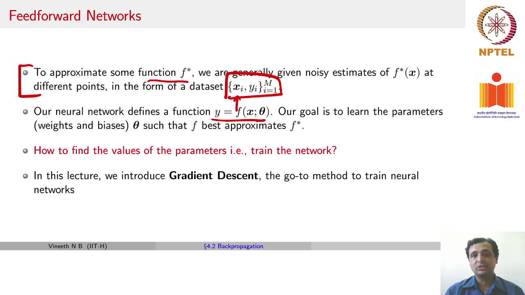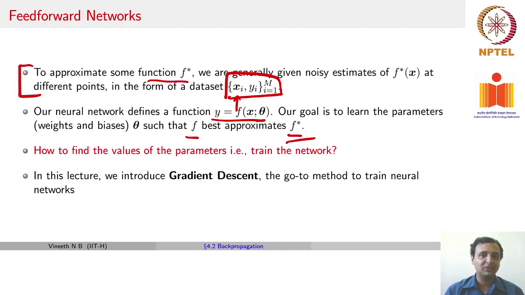Our goal is to somehow find a way that f can best approximate f star. Once again, let me clarify what f star is. F star is a hypothetical function which takes you from input to labels. So each of your training data points are instances of that function. And we do not know what f star actually is in machine learning typically.